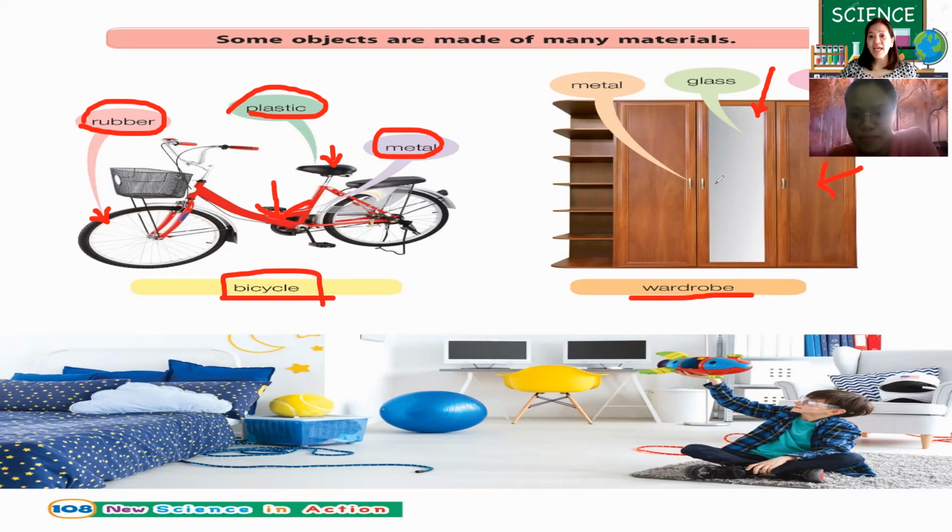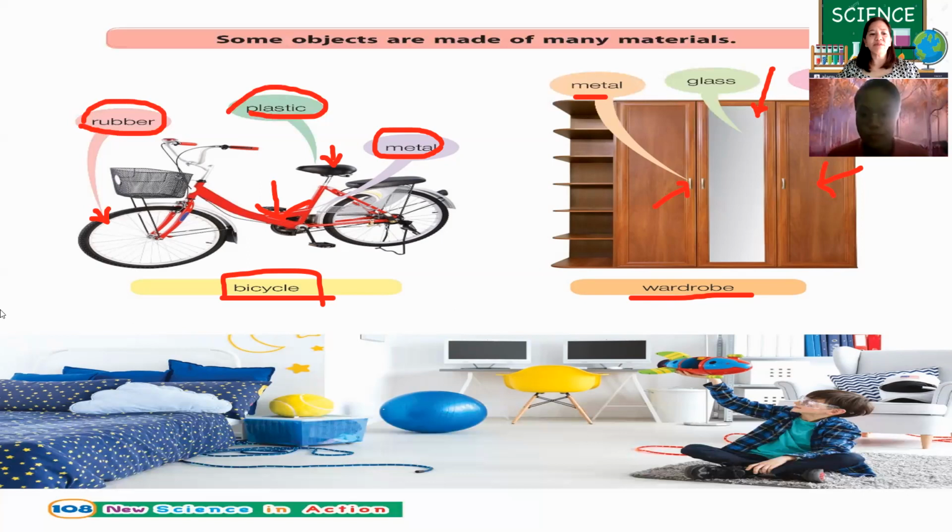And those handles to open the wardrobe are made of metal. So check your wardrobe if it is made of one material or two or more materials. Another example.